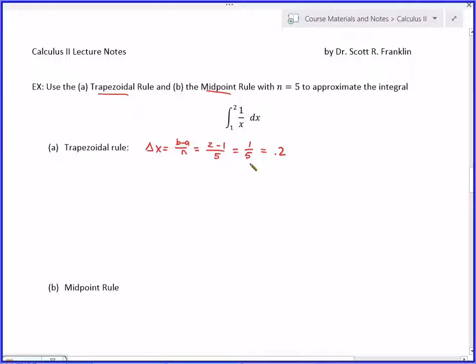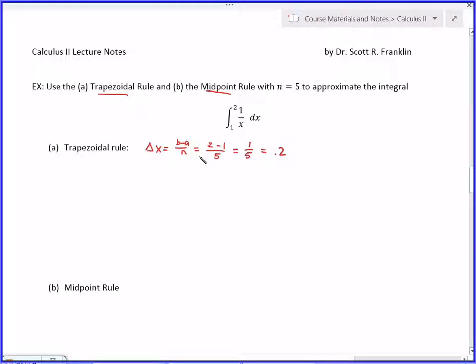These are decimal approximations. Yes, in one form or another, yes. I may give you delta x and say go until your last value is a certain number, or I'll give you the limits and then give you n. Most of the time it's this way.